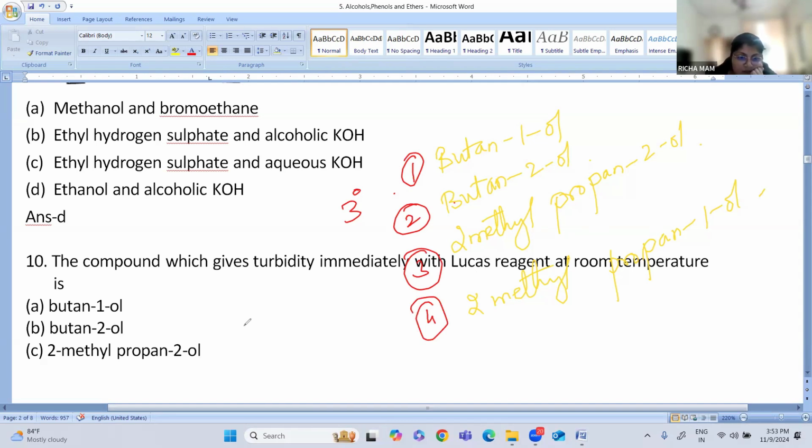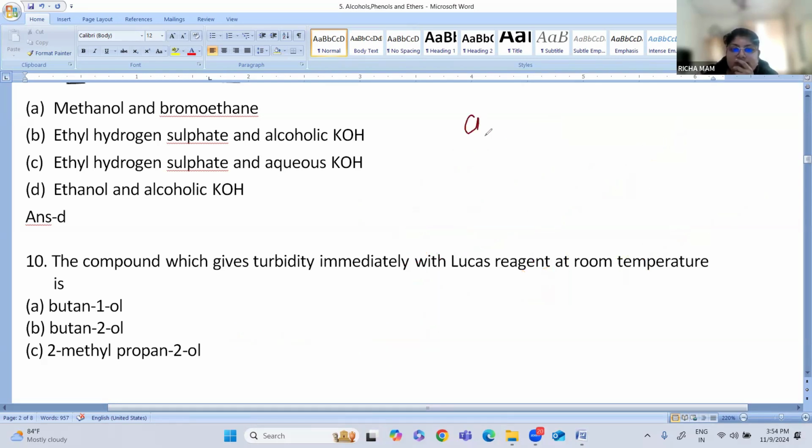Butane means 1, 2, 3, 4. Then at one position you have OH. So butane 1-ol is CH3, CH2, CH2, CH2, OH.